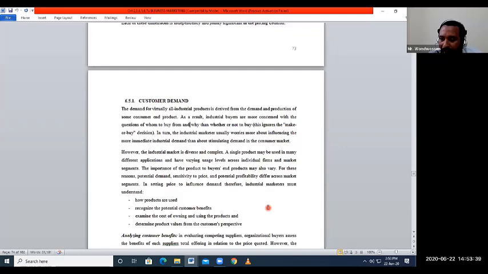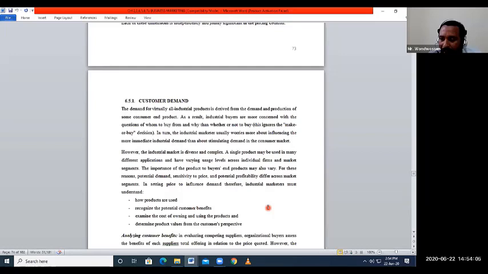customer's perspective. So in this case, when you set the price of an industrial product, we have to consider customer demand in terms of how they are going to use it. This indicates the functional ability of the product. For what purpose did the customer purchase this product, how are they going to use the product?